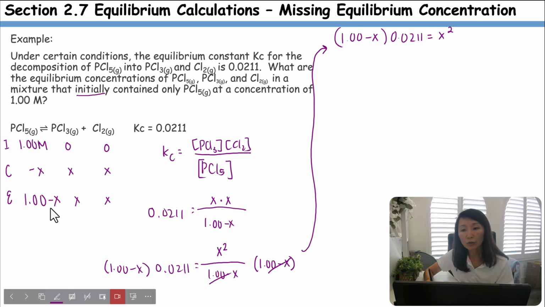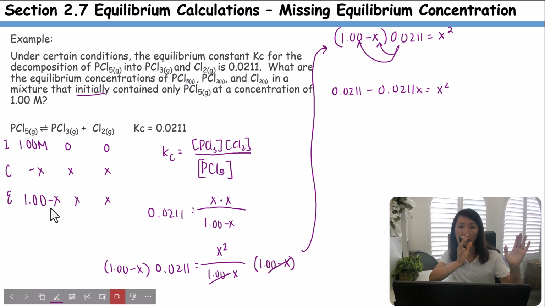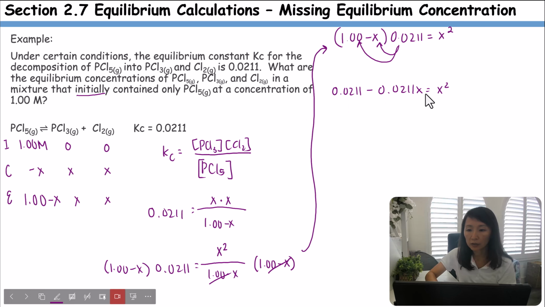For now, I want you to go ahead and distribute the 0.0211 to both terms, by multiplying. Minus 0.0211x. We'll leave one side all 0, and put all of the values on the other side. In order to do that, we have to subtract this one and add this one.